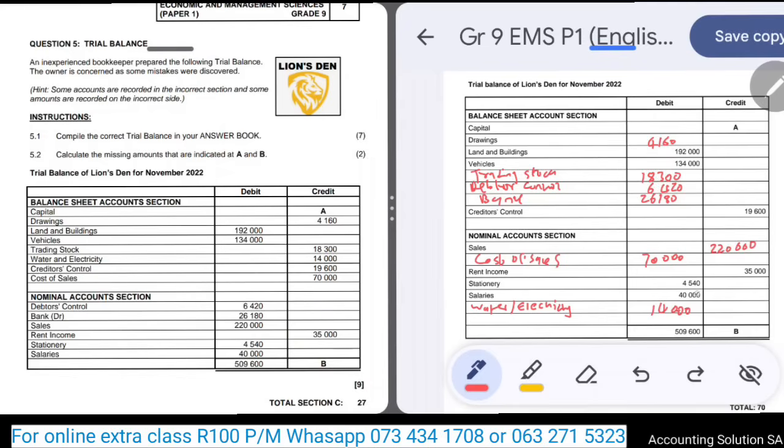This number B will remain 509,600. The total, which is the same as this one, they must be the same. So 509,600 minus 35,000 minus 220 minus 916 will give you the balancing figure of capital, 235,000. That's how we do it, guys.